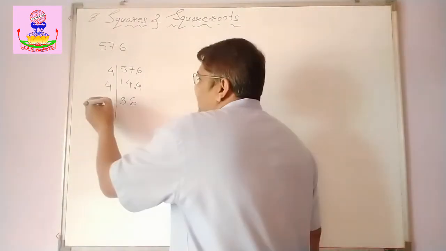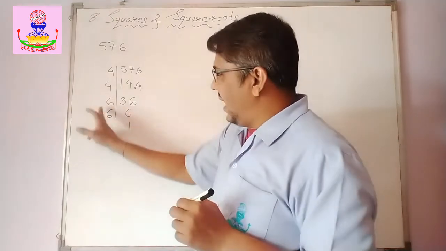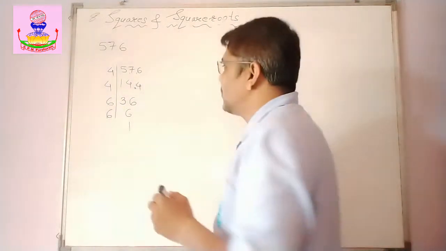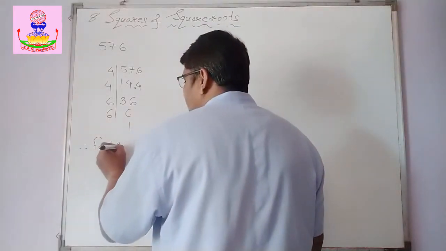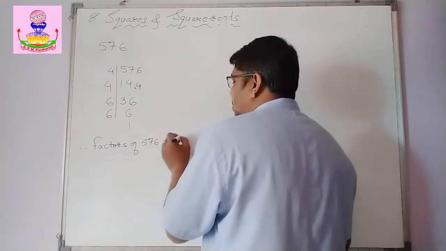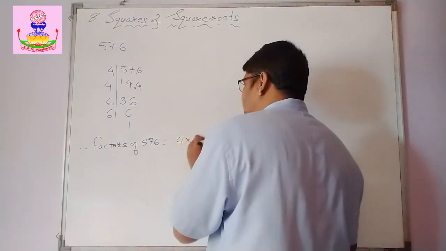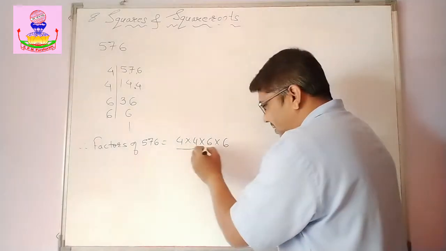Now 36, 6 6s are 36 and 6 1s are 6. Now you can see they are in pairs of 2. So therefore the factors of 576 is equal to 4 into 4 into 6 into 6.